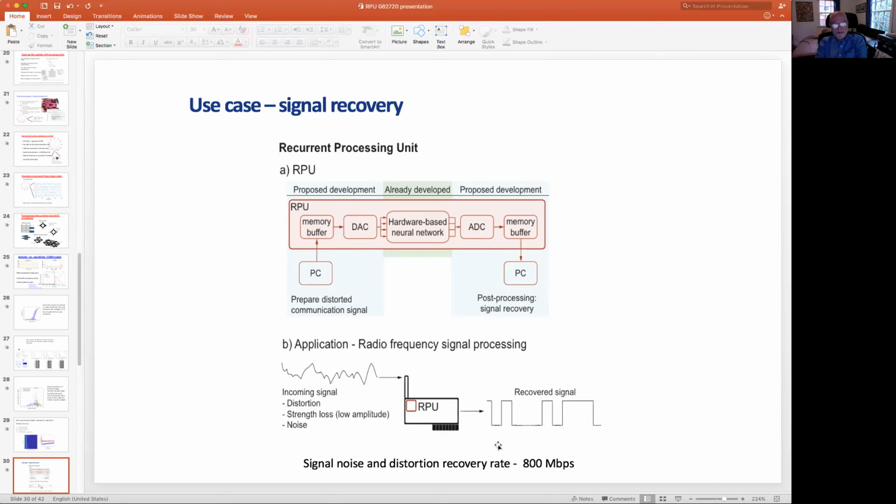Then we test it on a variety of incoming distorted data that was not part of the training data. And we were able to demonstrate a signal to noise and distortion recovery rate of 800 million bits per second on the reservoir, again, because of the very high speed that these FPGAs operate at.